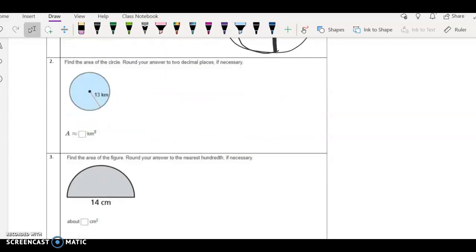All right. Find the area of the circle. So now we're going to use the area formula, which is pi times r times r. So this is 3.14 times your radius, which is halfway across your circle. So that's 13 times 13.